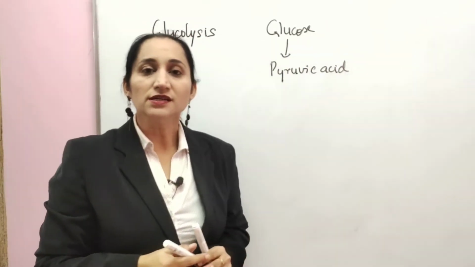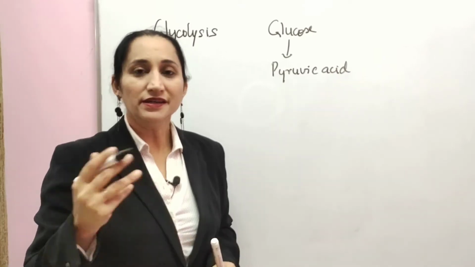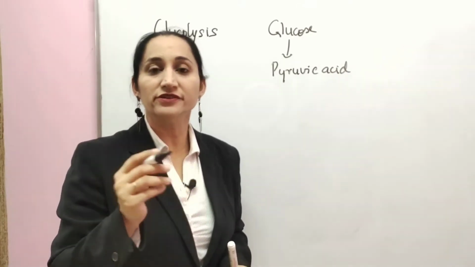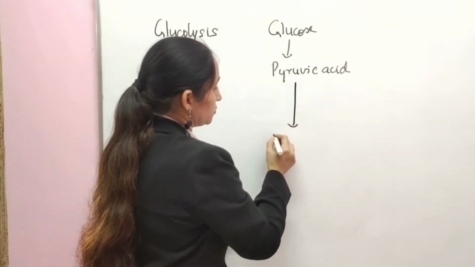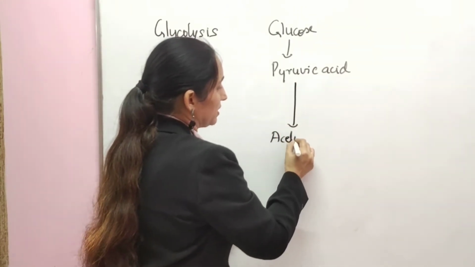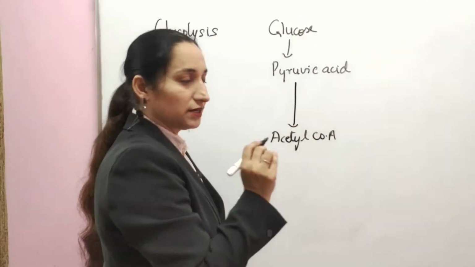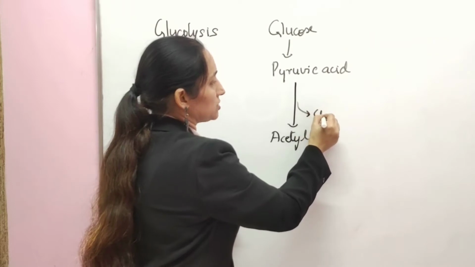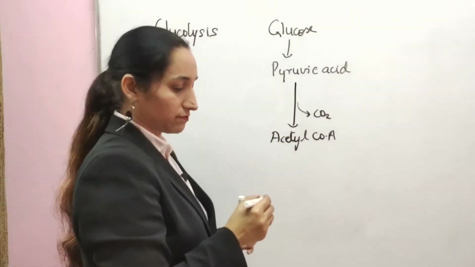This was a partial oxidation of glucose to pyruvic acid. In the next stage, there was oxidative decarboxylation of pyruvic acid. Pyruvic acid was converted into acetyl coenzyme A. In this, decarboxylation was done, so it is known as oxidative decarboxylation.